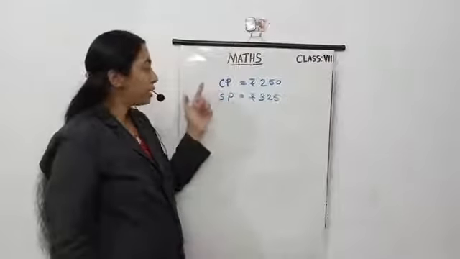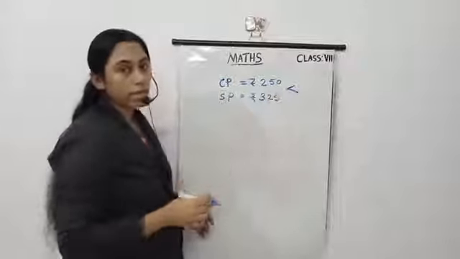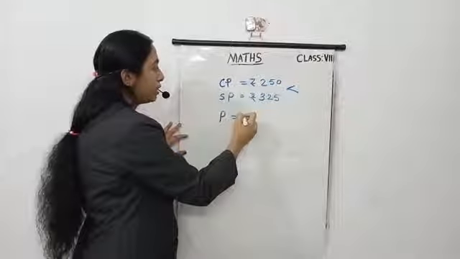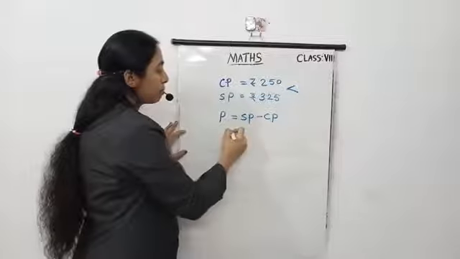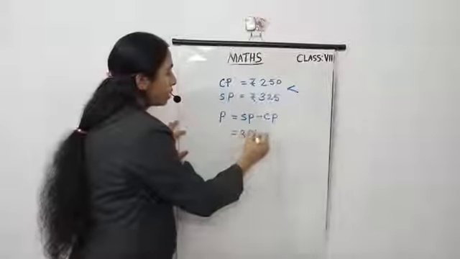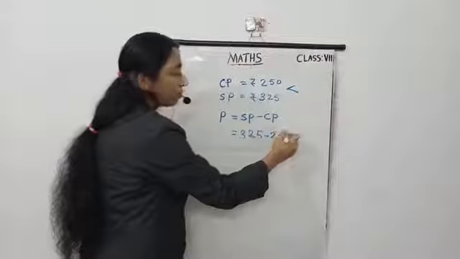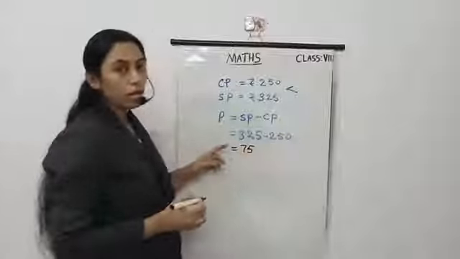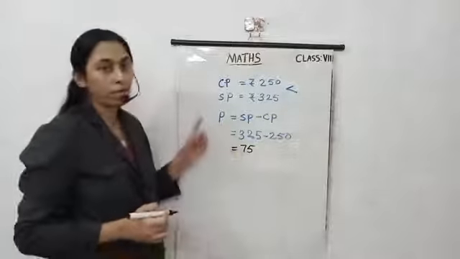Cost price is less than the selling price, so here it is profit. Profit is equal to SP minus CP. Subtracting, 325 minus 250, we get 75. So here profit is 75.